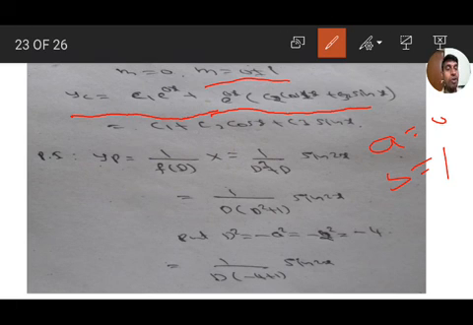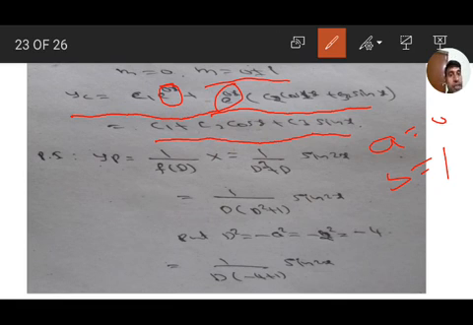That is, c1 e to the power of 0x means 1 in both the places. So c1 plus c2 cos x plus c3 sin x.